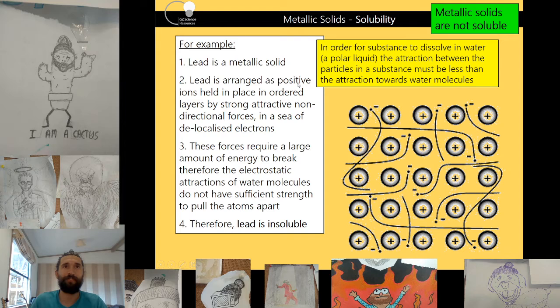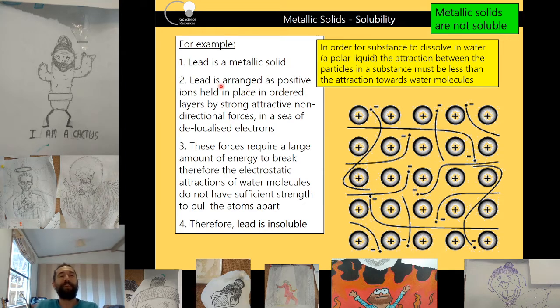Lead is arranged as positive ions, so they're using the word positive ions or cations, that's fine, you can say atoms, held in place in ordered layers by strong attractive non-directional forces in a sea of delocalized electrons. So saying the sea of electrons, you may see that in some books, I like to say sea of electrons, that's all these delocalized electrons.